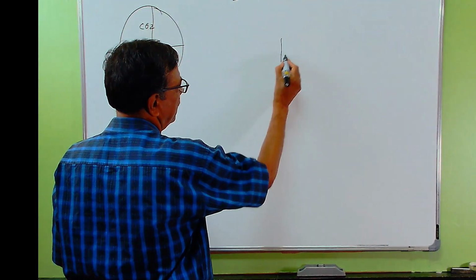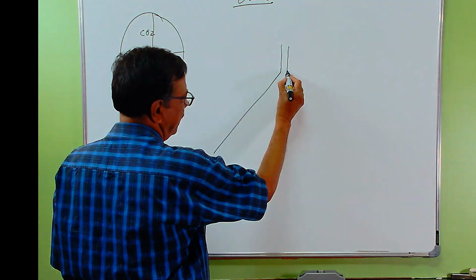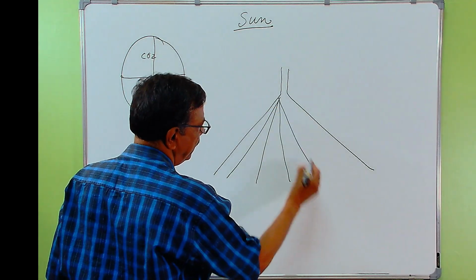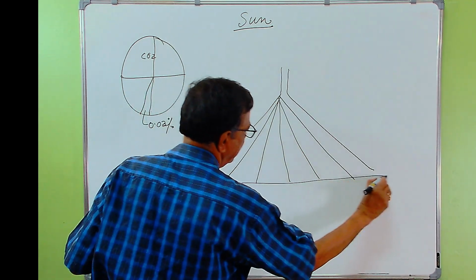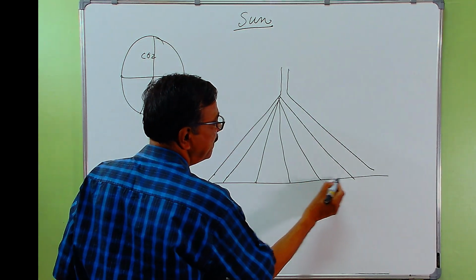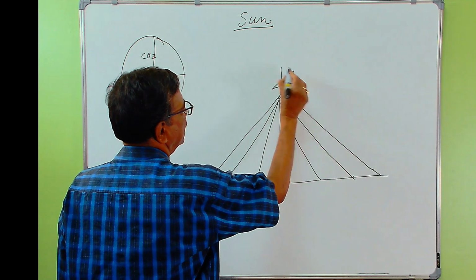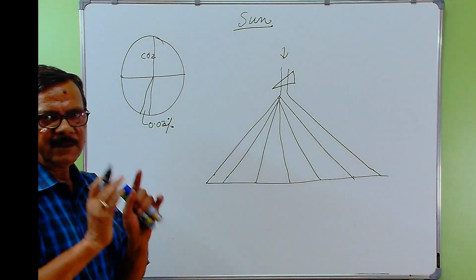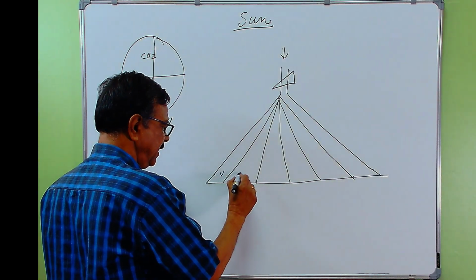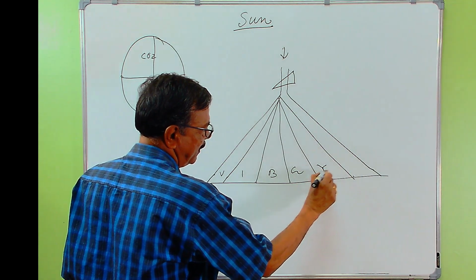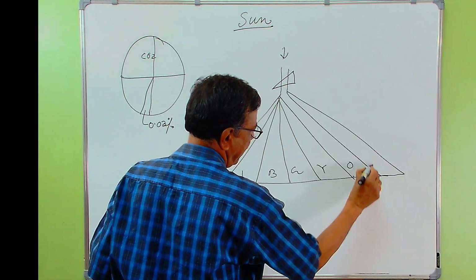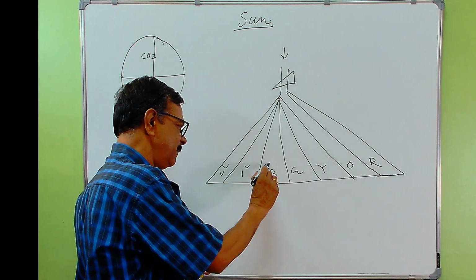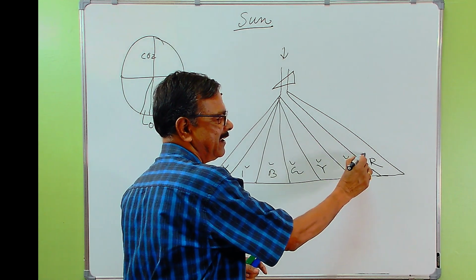When the sun ray falls, if you put a prism here, the ray will be divided into V, I, B, G, Y, O, R: violet, indigo, blue, green, yellow, orange, red.